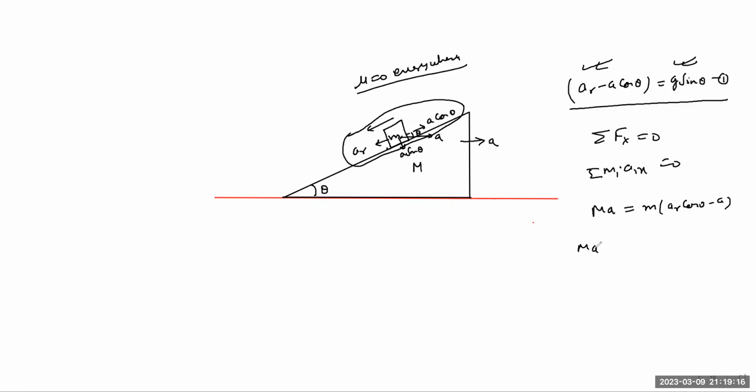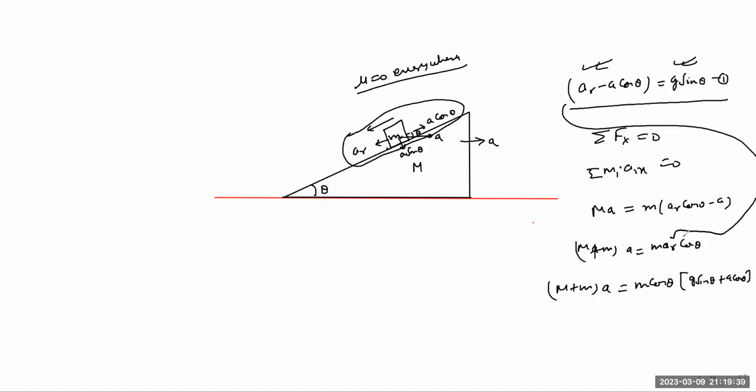M A, but (M plus m) into A is m a_R cos theta. And what is a_R, by the way? They never ask a_R, they ask only A, the acceleration of the wedge. So a_R we can replace by g sin theta plus A cos theta, from the top equation. Right? And see, I'm done with the question.